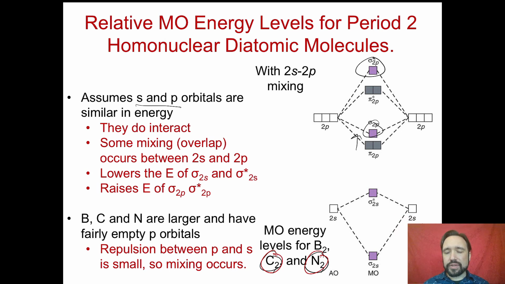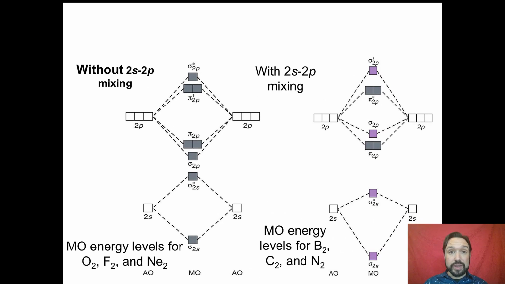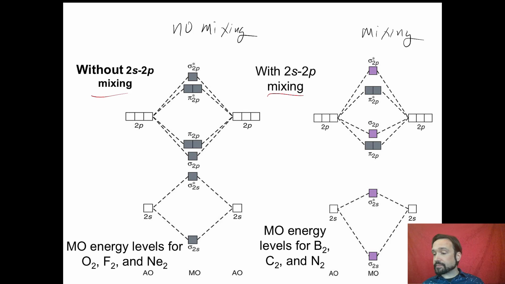So how do we remember this? How do we remember when we have mixing versus when we don't have mixing? Let's compare the two side by side. If we compare these two side by side, here we've got no mixing over on the left, and we've got our mixing over on the right, as we see there and there. What can we do to try to keep these separate, to remember which one goes with which?